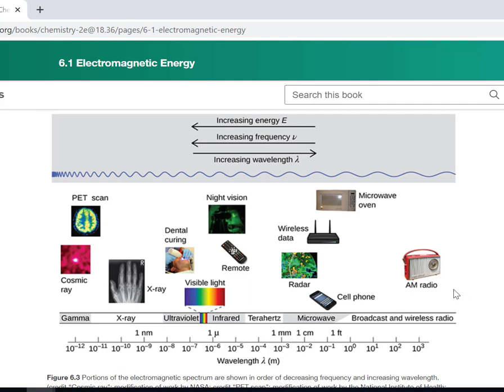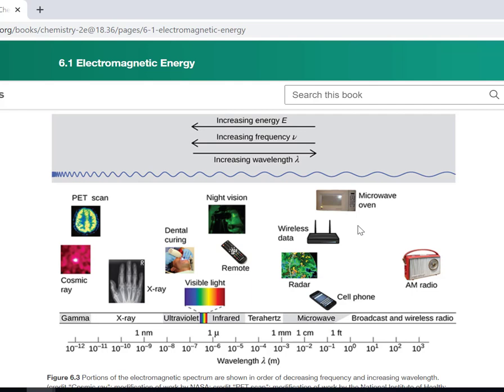And then as we move in this direction, we get into cell phones, radar, wireless, and microwaves are in this region. Microwave ovens, I should say. In terms of the microwave oven, I guess we can talk about that right now.